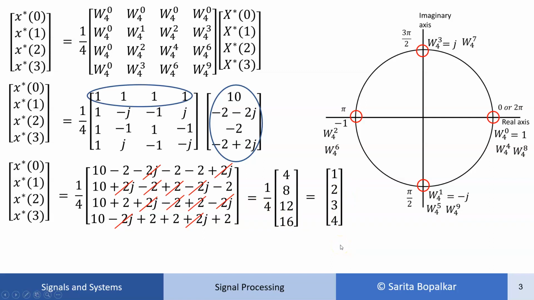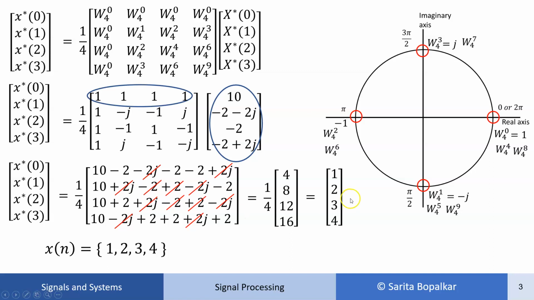But remember, this is x star of n, the complex conjugate of x of n. We are interested in x of n. So we have to take the conjugate of the answer which we are getting. But here all the values are real, so its conjugate remains the same. So our x of n is 1, 2, 3, 4.